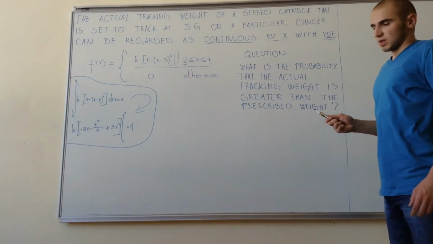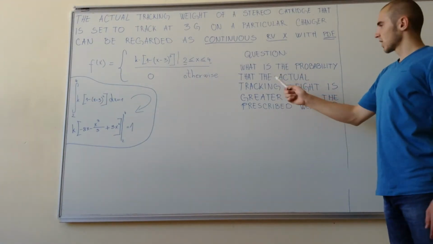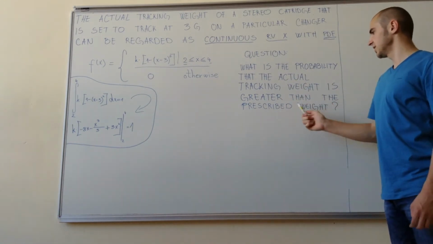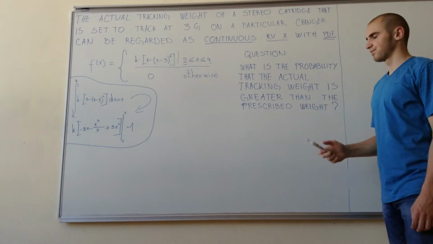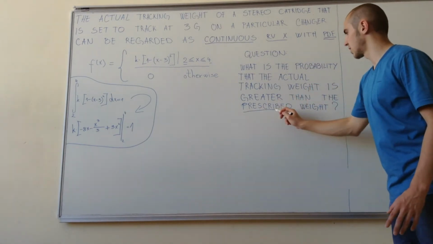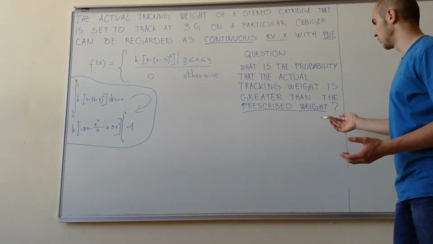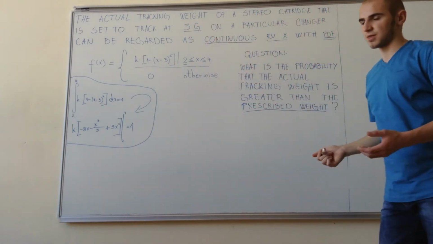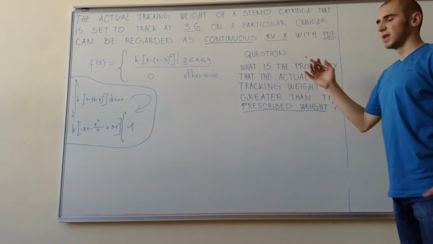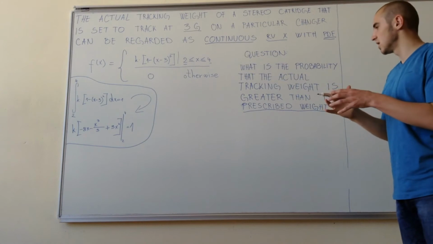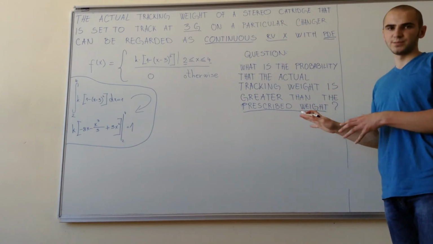The next question we will solve is this one. What is the probability that the actual tracking weight is greater than the prescribed weight? So the first thing we notice in this question is the prescribed weight. What is prescribed weight? Well, that is this weight here, which is written, which is 3 grams. So now our question said, what is the probability that the actual weight will be greater than this prescribed weight?